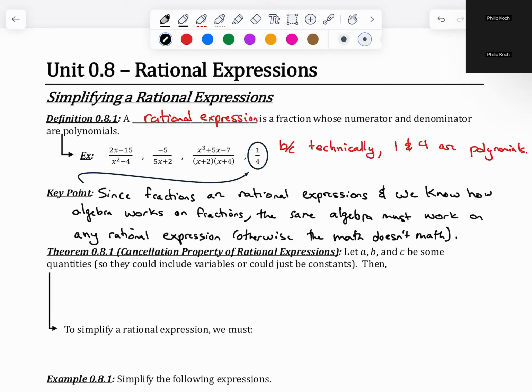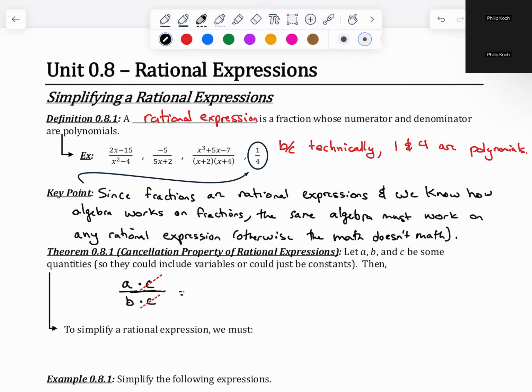Let A, B, and C be some quantities. Before I said A, B, and C be some real numbers. Now it's some quantities, so they could include variables, or they could just be constants. Then if you have A times C over B times C, these C's can cancel out.